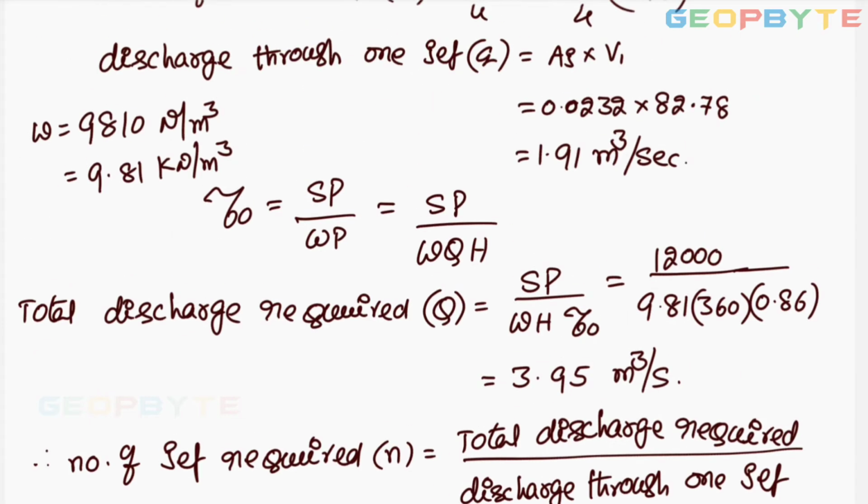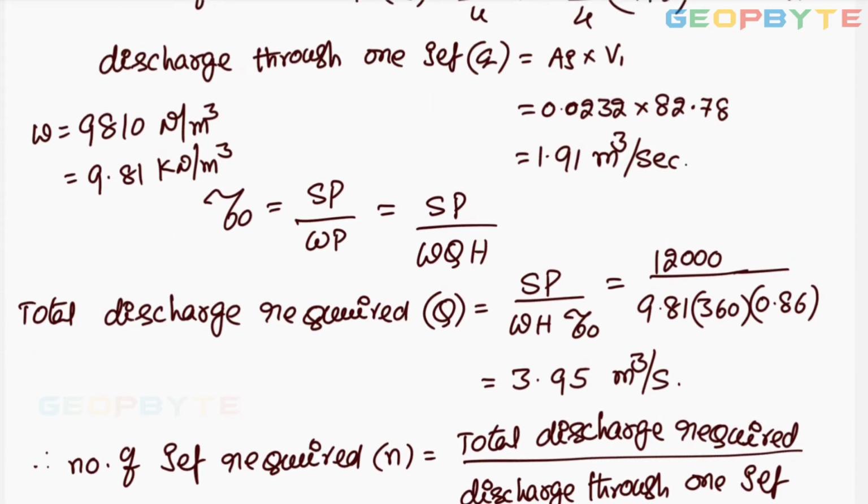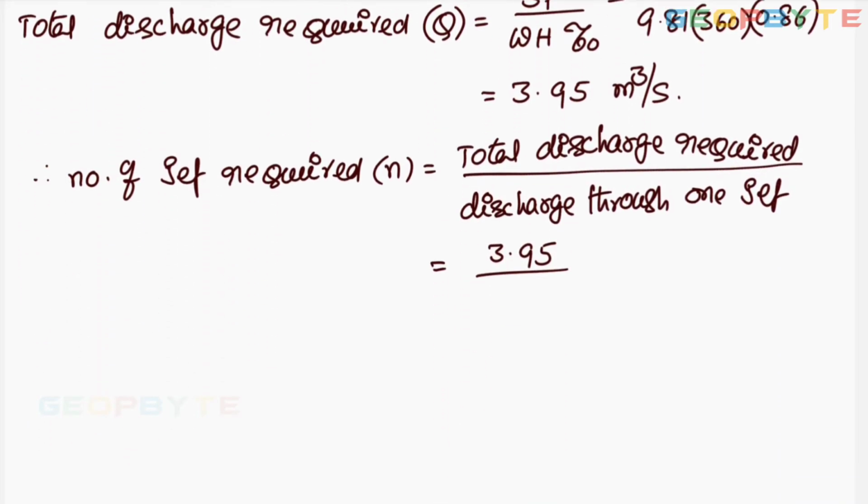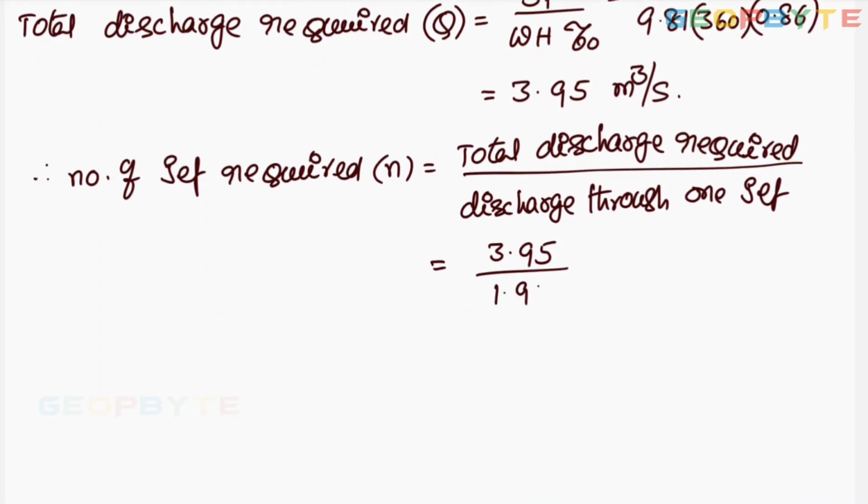Discharge through one jet is 1.91 meter cube per second. Simplify this value for getting 2.06. So number of nozzles required, the 0.06 can be ignored. Number of jets required are approximately 2. Say 2 number of nozzles. That is the answer. I hope you got the answer.